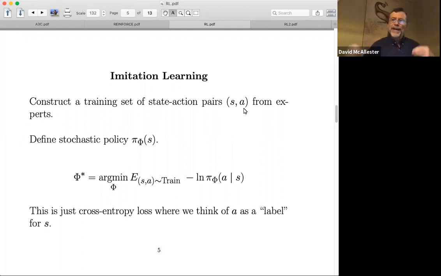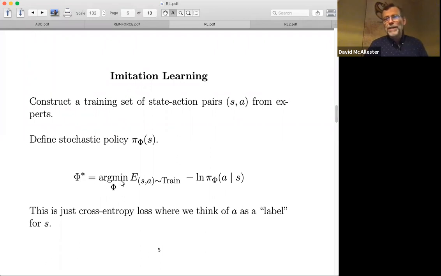And that learning process can be parameterized in terms of cross entropy. Basically what we want to do is predict the action from the state. So we're going to just treat this as a prediction problem, right? You think of the action as a label, and we're just going to do label learning. We're going to learn to predict the label from the state, and it's just cross entropy.